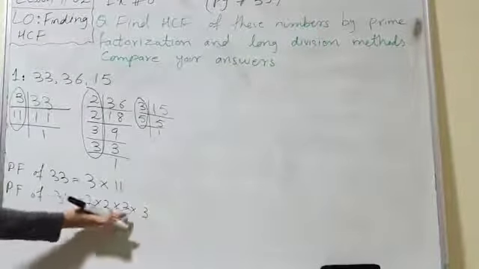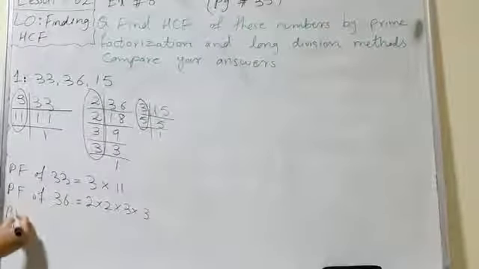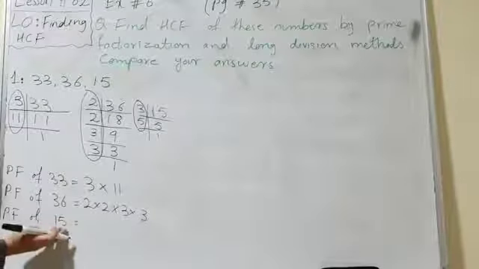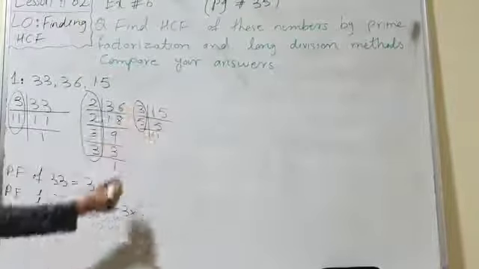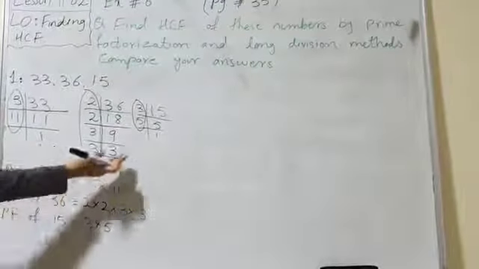Here 2 is 2 times, 3 is 2 times. Next for 15, prime factors of 15: 3 multiplied by 5. We don't need to write the 1.